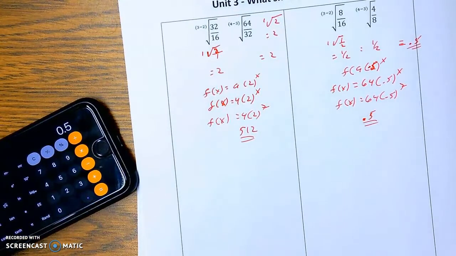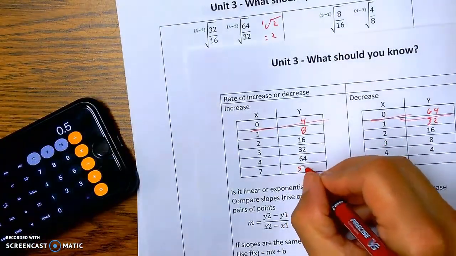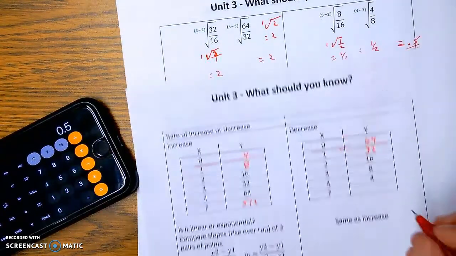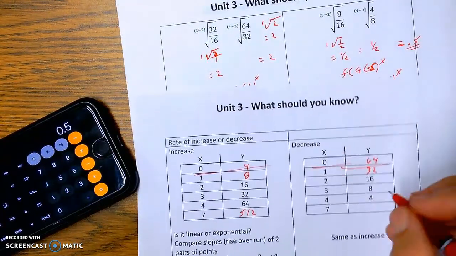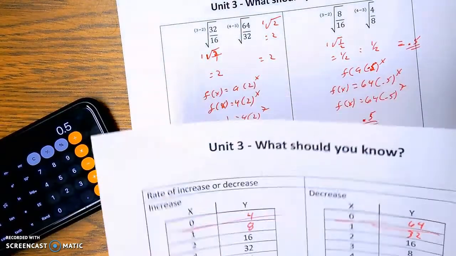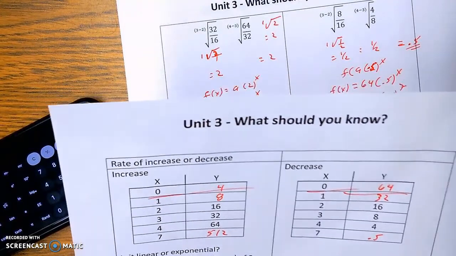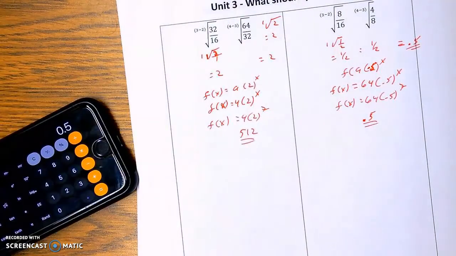So we come back over to our spot here, and we know the 7 was 512, and 7 on the other side was 0.5. And so it should work. We go to the 5th, should be 2, then 1, then the 7th should be 0.5.